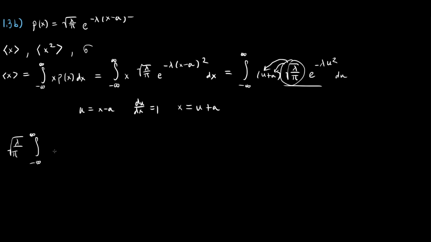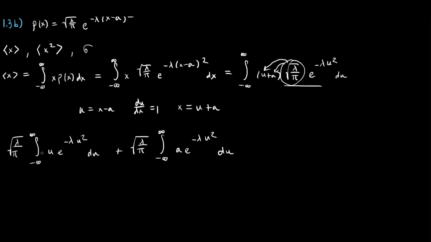So the first integral will be just u e to the negative lambda u squared du, and the second integral will be a e to the negative lambda u squared du.